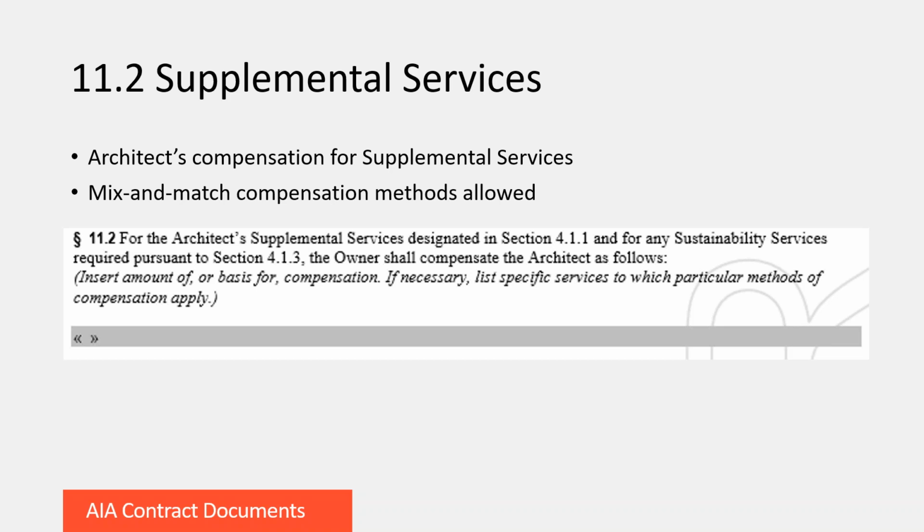And then if I were doing value analysis, I could charge a percentage based on what I saved the owner. All of these different types of compensation can be used in the same project. It's just important to spell out the amount or the basis of compensation for each different type. And if all of the supplemental services are hourly, then you just list that and refer to the table of hourly rates in 11.7.